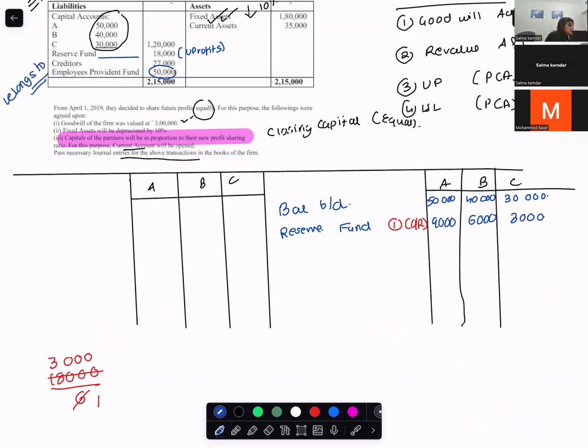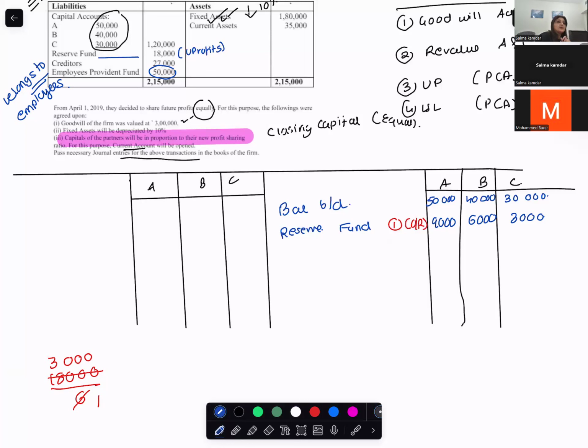So this money will not be distributed to the partners even if there is a change in the profit sharing ratio. Are you with me? Yes, ma'am. So the money of the employees provident fund belongs to whom? It belongs to the employees.